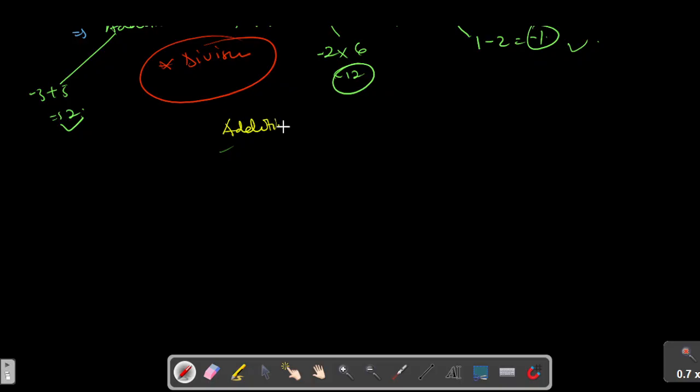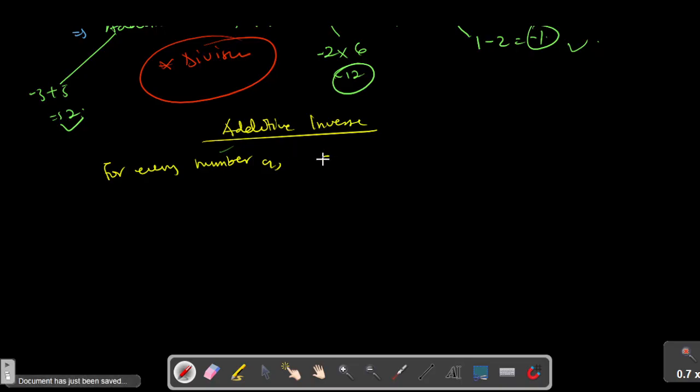When you talk about the additive inverse property of integers, it means that for every number a, there is another number, negative a, so that when I add it to this number, I get my additive identity, which is 0.